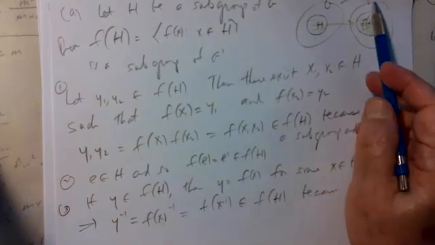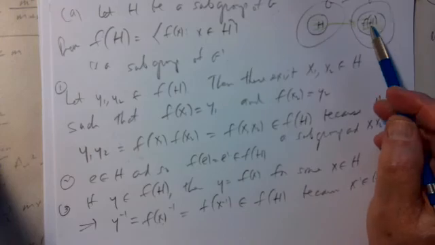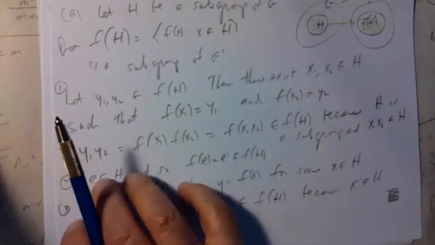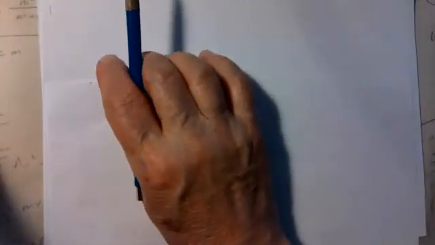And the second part of the problem is to show if you go backwards from G prime to G, a subgroup goes to a subgroup also when you go backwards. Of course, we have to explain what going backwards means.